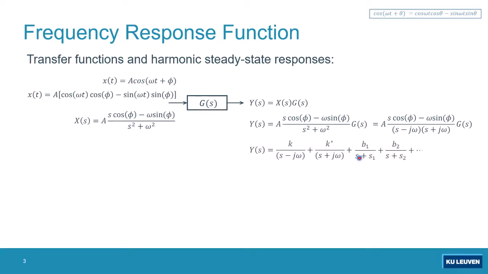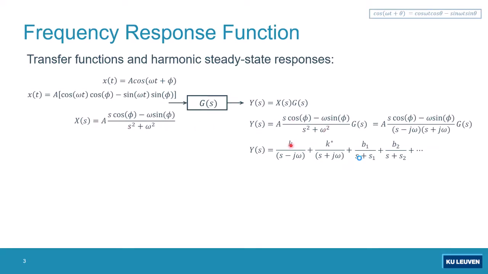If we want to convert the output Y(s) back to the time domain, to y(t), we have to perform partial fraction expansion. The partial fraction expansion of this Y(s) will look like this, where the first two terms are associated with the denominator that originates from the input X(s).